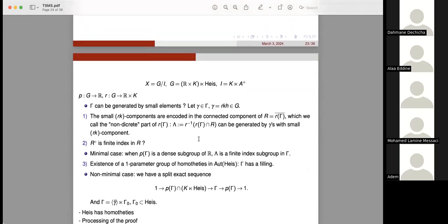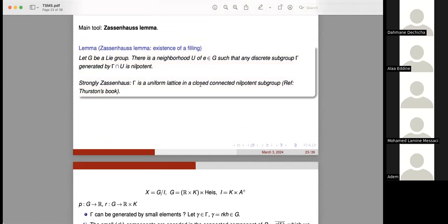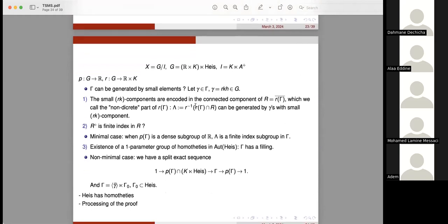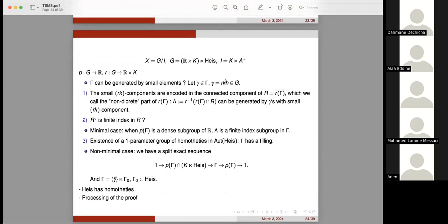Okay, so now that we have this powerful lemma, how does the proof go? Just an outline of the proof. So I said that gamma in any Lie group, a discrete subgroup which is generated by small elements, will have a synthetic hole, which is nilpotent. Now, here we have gamma.